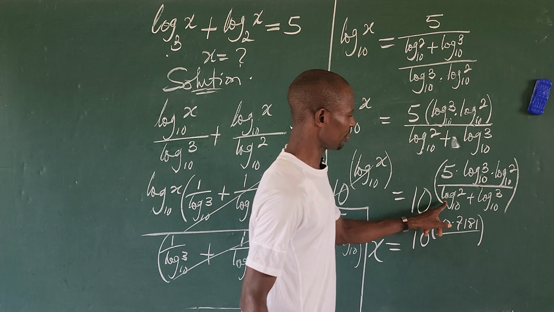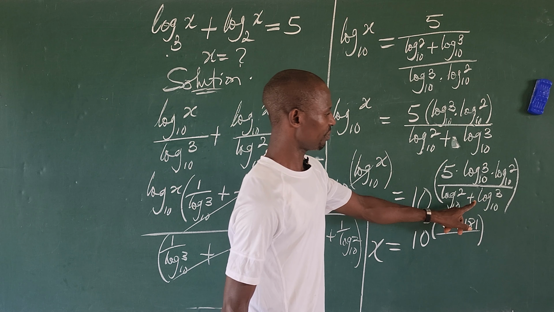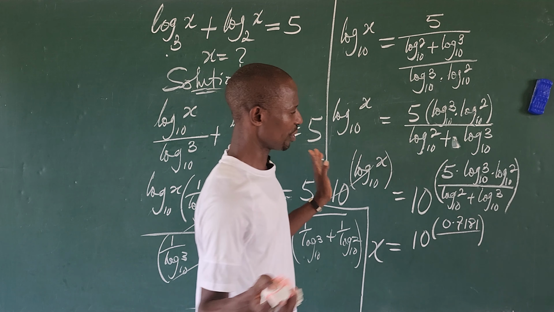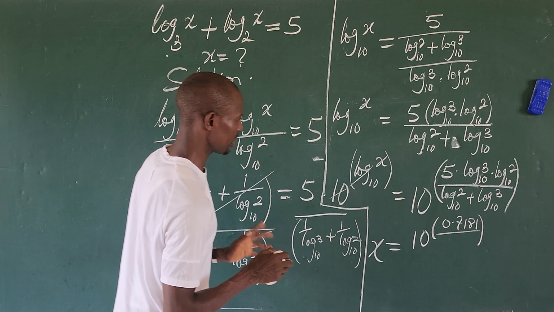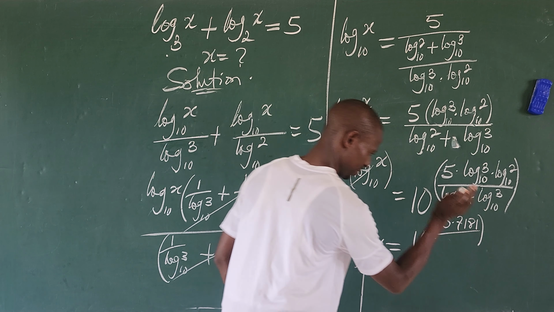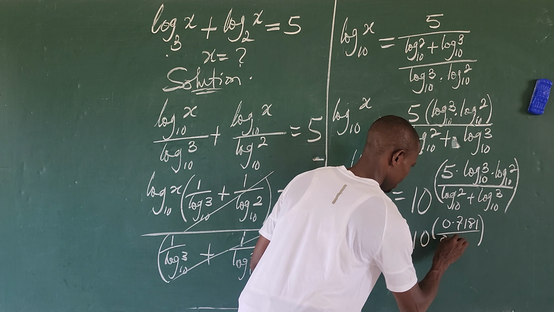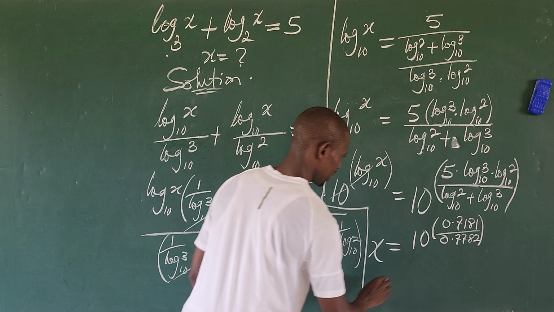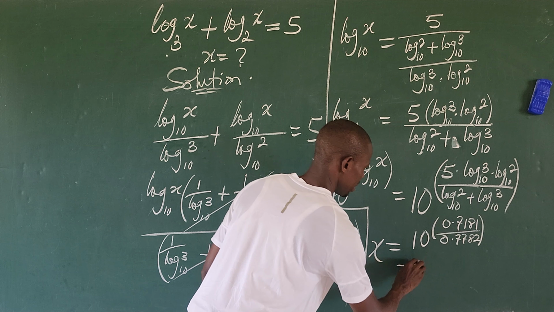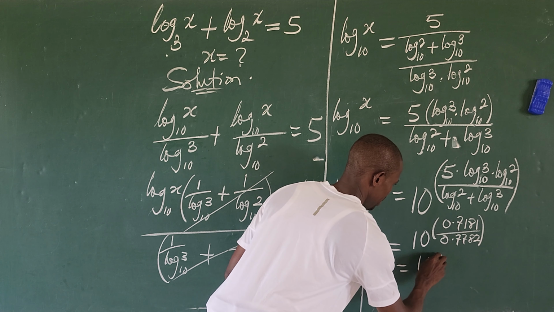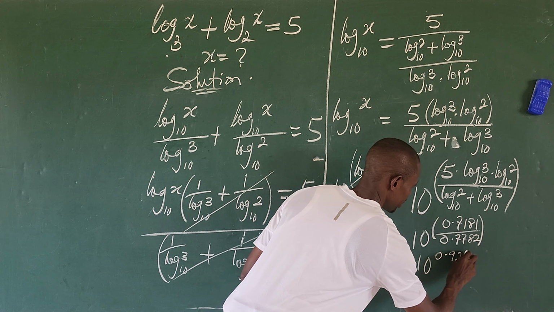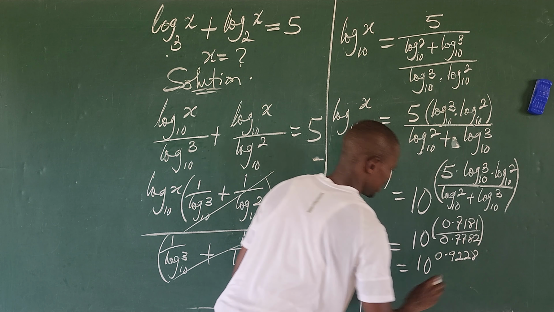If we find the numerical values of these and add the two together, that will give us 0.7782. I've done that already. So when you divide down, it's going to give us 10 to the power of 0.9228.